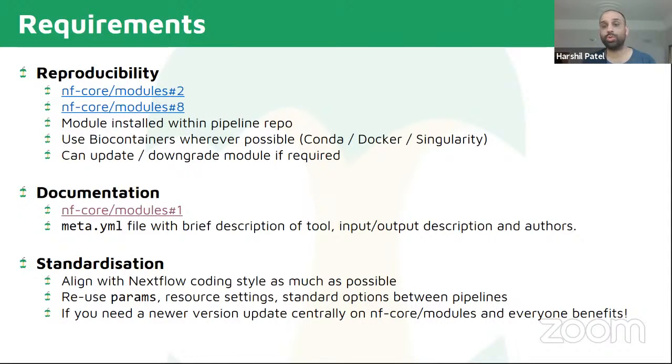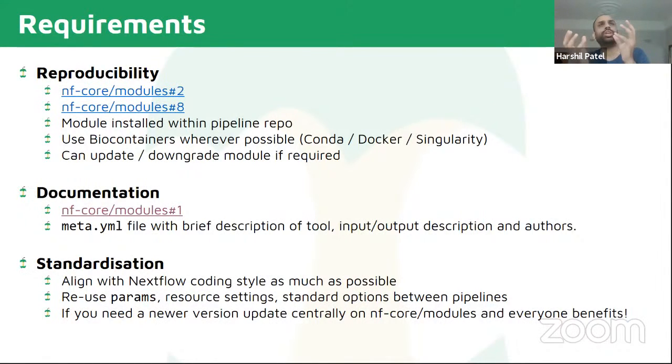And obviously supporting Conda as well, which is where I guess you would imagine fundamentally these biocontainers are built from. Biocontainers are essentially Conda packages built in containers, so either Docker or Singularity. You can also upgrade and downgrade these modules if required within the pipeline repository. So this sort of imposes the restriction that they have to be relatively self-contained when you install a module, which means that you can have different versions.